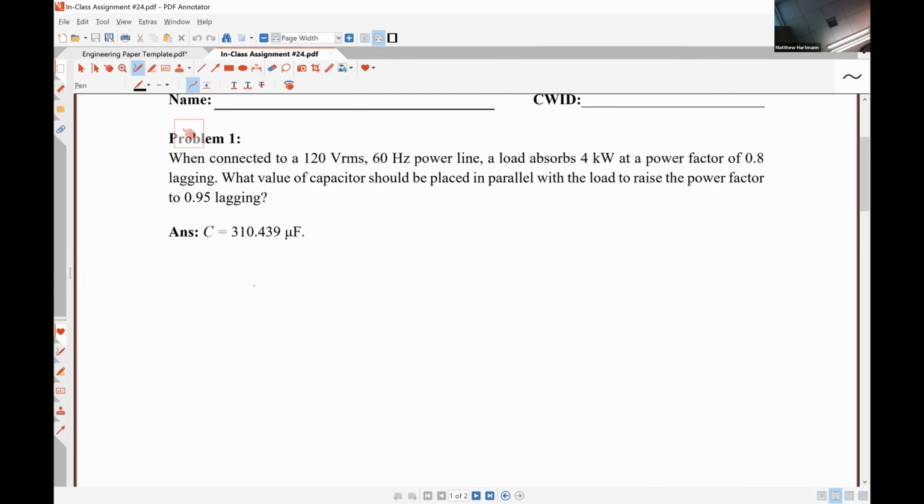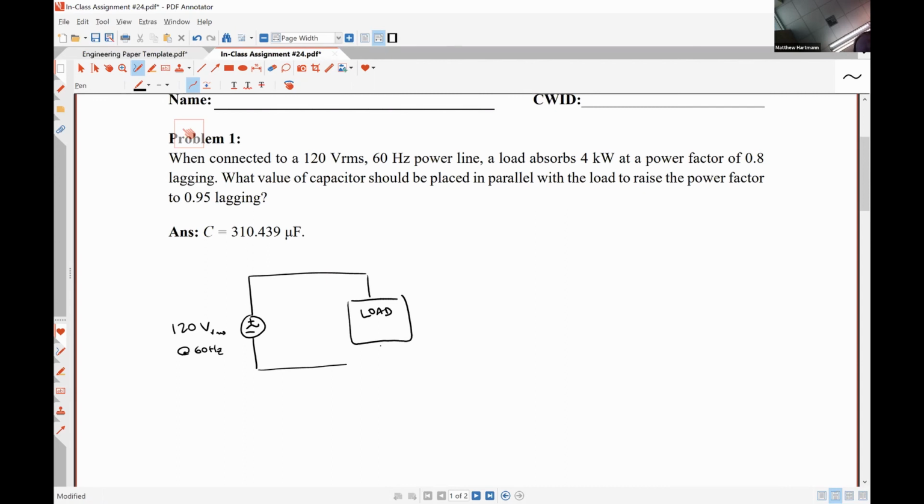So what we have is a simple system. 120 volts RMS here. We don't know what the angle is, and it's not particularly important. At 60 hertz. And then we have our load. And we're told that the load is 4 kilowatts at 0.8 lagging.